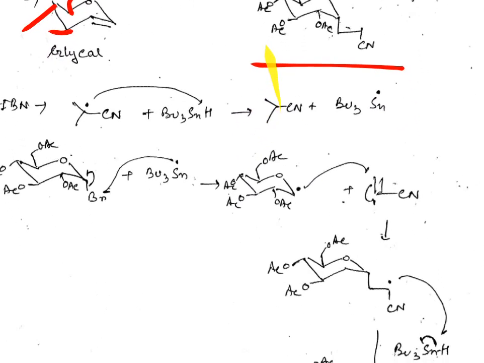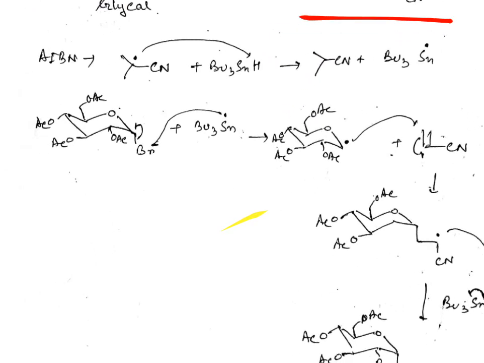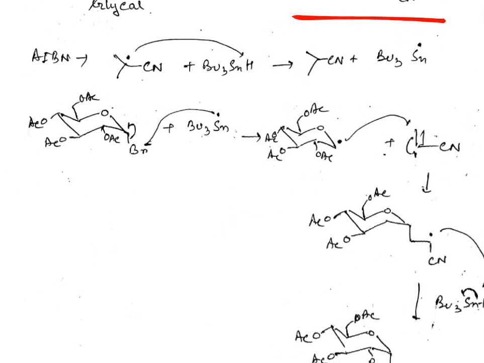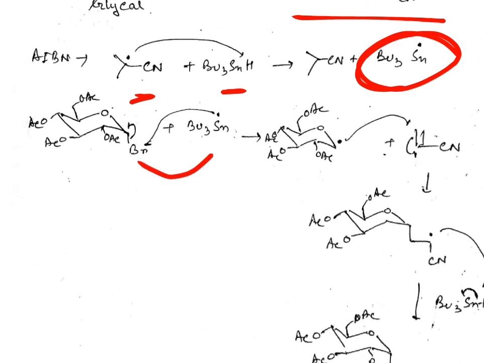Now I am telling you the mechanism. At first this radical will snatch a hydrogen from this. Then this will become a radical. Then this radical will attack the bromine. After that the bromine will take its electron here.